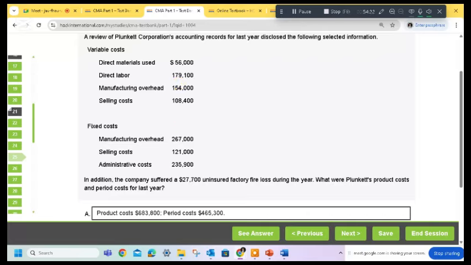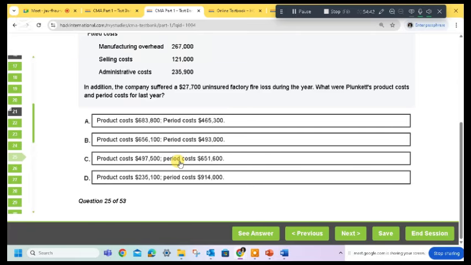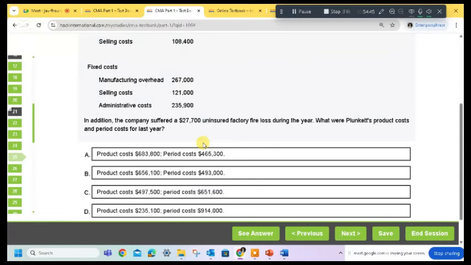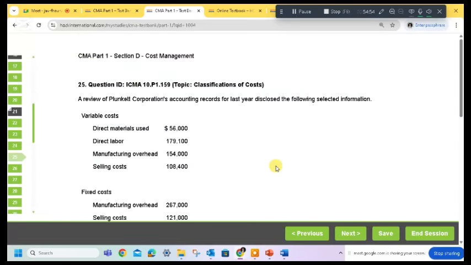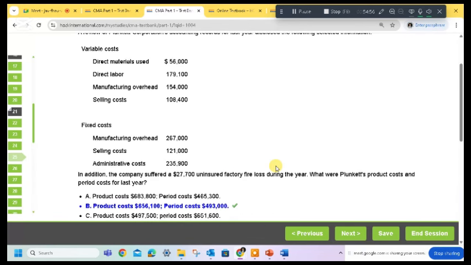The four items you had: 56, 179, 100, 154, 267. All these are product costs. The others, selling cost and administrative cost, are period costs. Check the answers. How much do you get? 56, 179, 154 and 267. 497, 500. D. Correct. Simply adding them correctly. These three plus this one, manufacturing overhead.